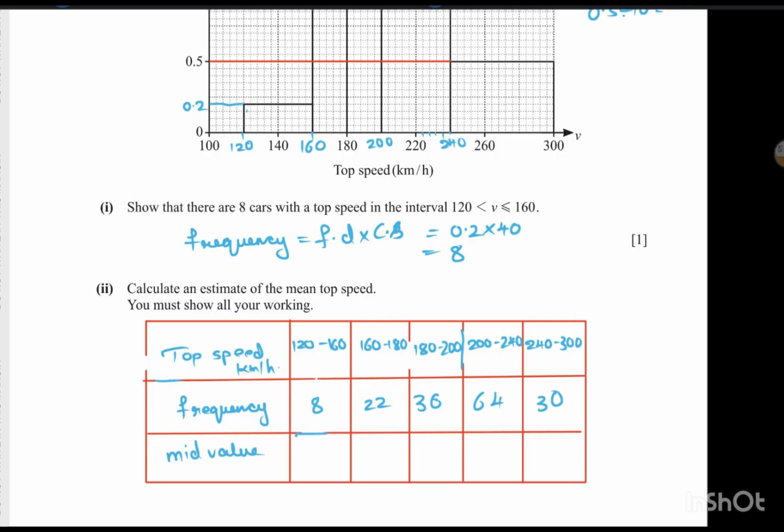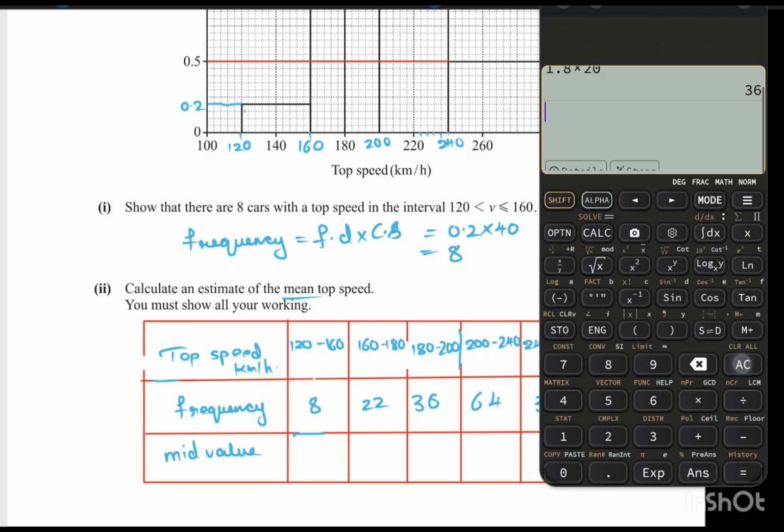Now take the mid values because we need to find the mean, right? So find the mid values of these class intervals. The first class interval is 120 plus 160, which is 280, divided by 2 is 140.